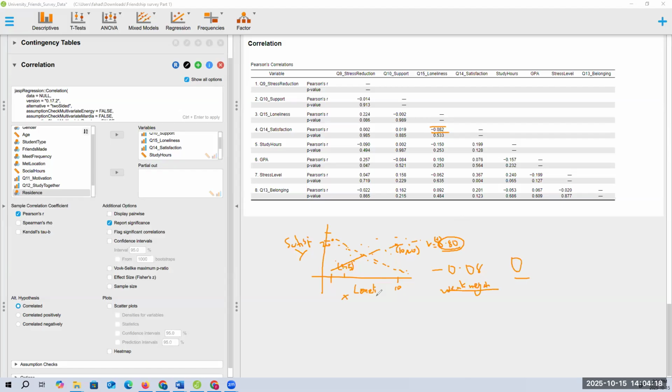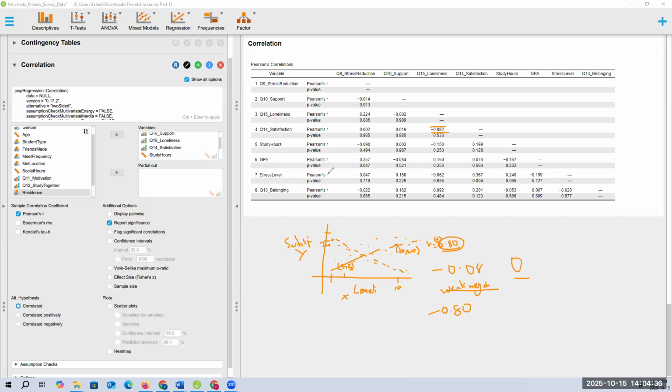So there's clearly a weak negative relationship, but not a very strong one. If it was strong, it would be closer to 1. And again, this might be due to our sample size and individual differences between participants.